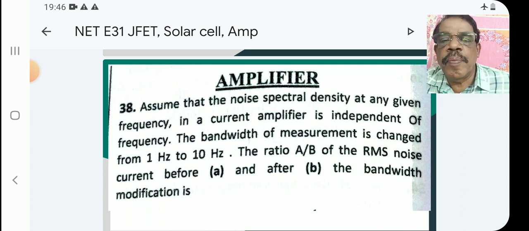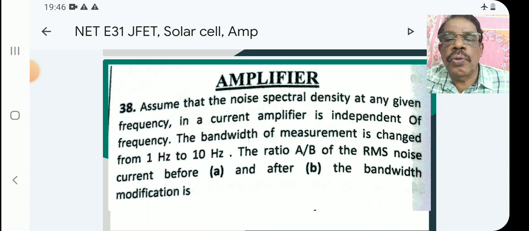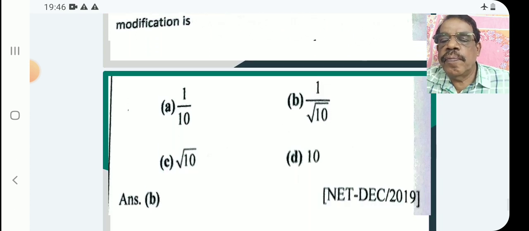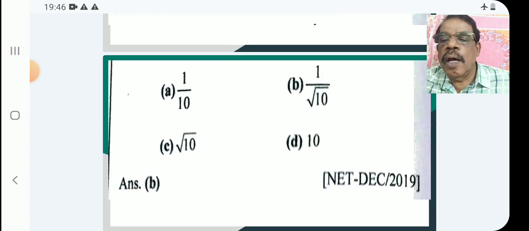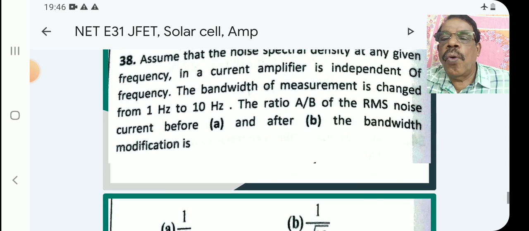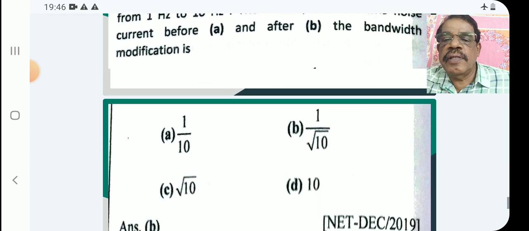The ratio A by B of the RMS noise current before and after the bandwidth change: the noise is proportional to the square root of the bandwidth. That is 1 by root 10. That is the answer.